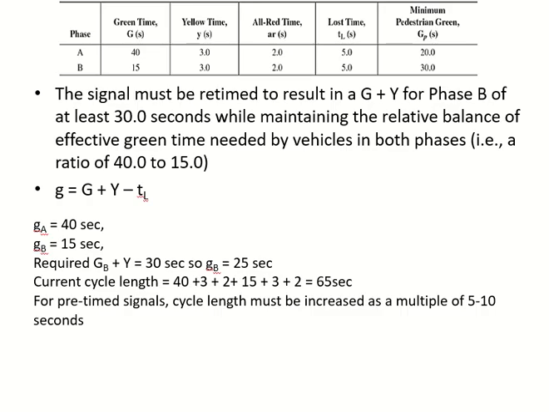How much did I increase? I increased by this much, right? It was 15, I made it 25. So the cycle total time should also increase by the same ratio. The old cycle is how much? 65.